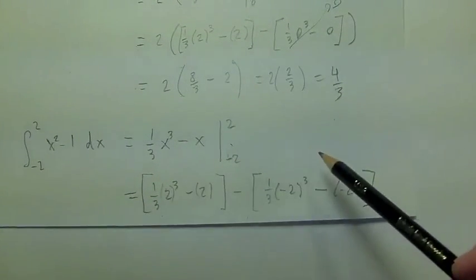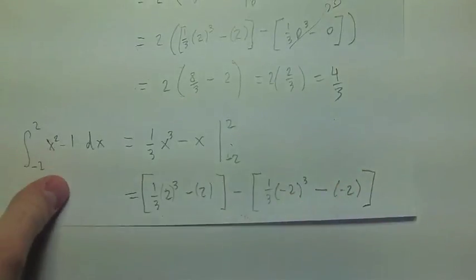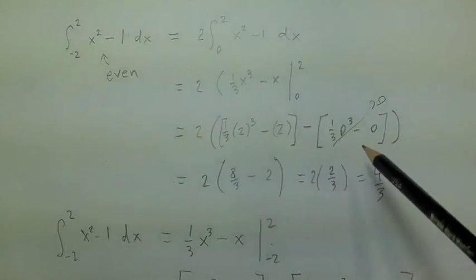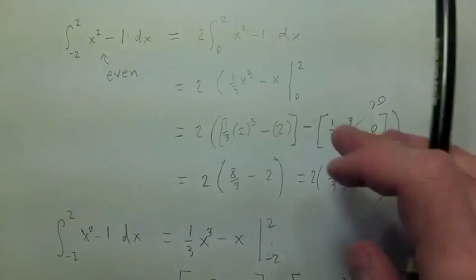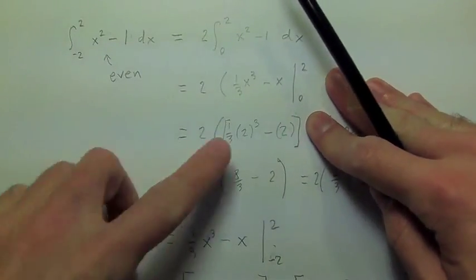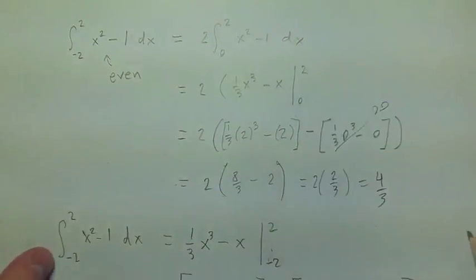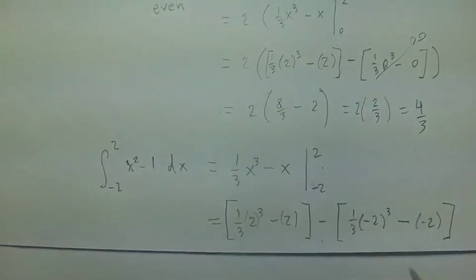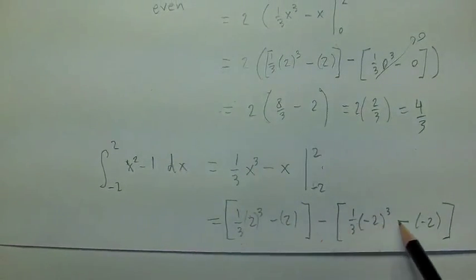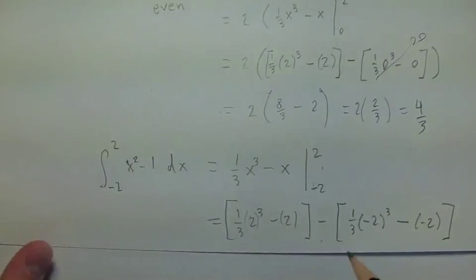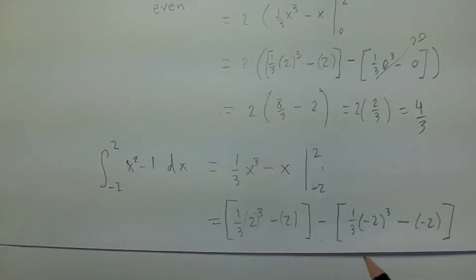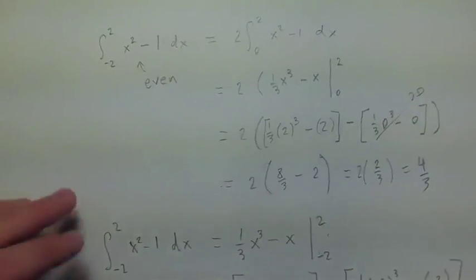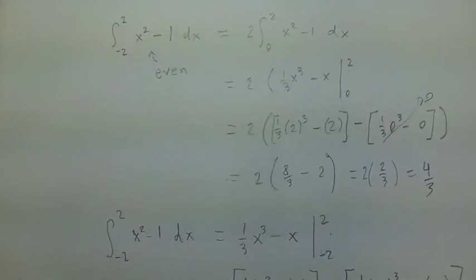And this computation is actually a lot more complicated than this one, because when you're plugging a 0 into this thing, this whole thing just goes away, because really you're just plugging in 2 now and multiplying it by 2. Whereas here, this is a much more complex computation. I will let you do this on your own to see if you get 4 thirds as well. So that's how it helps with even functions.